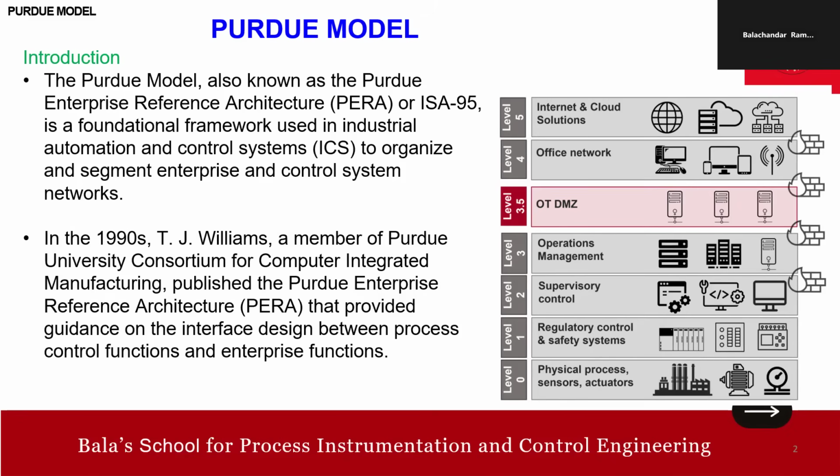Okay. So in the 1990s, Mr. T.J. Williams, a member of Purdue University Consortium for Computer Integrated Manufacturing, published the Purdue Enterprise Reference Architecture, PERA, that provided guidance on the interface design between process control functions and the enterprise functions. So, a very simple intro, and of course a few more to add on.